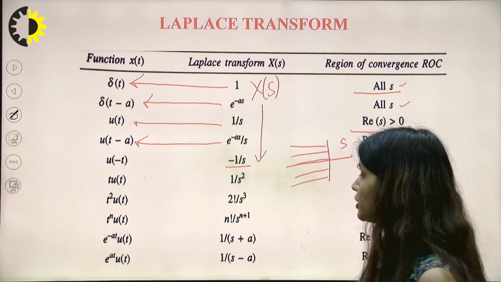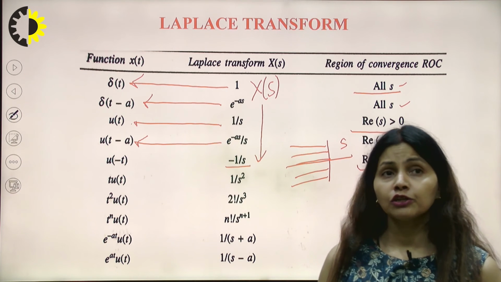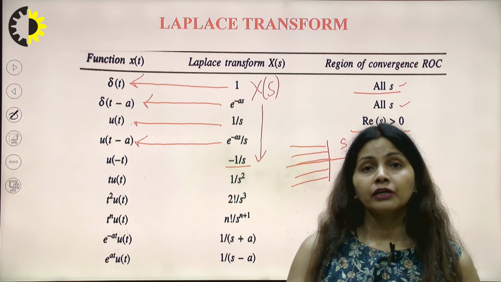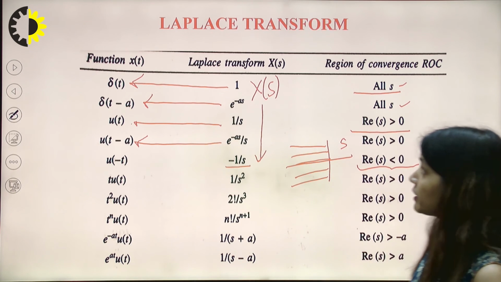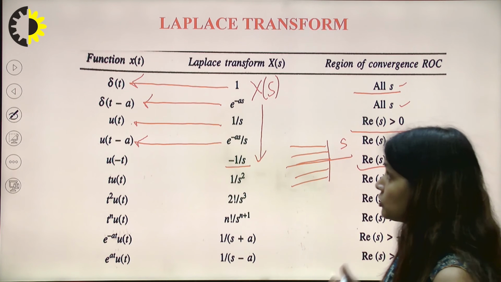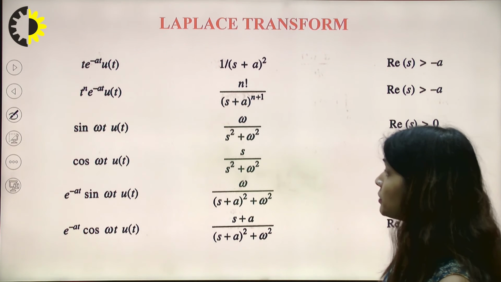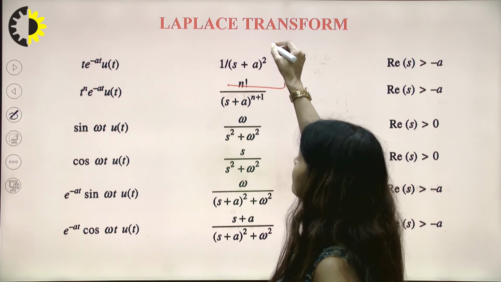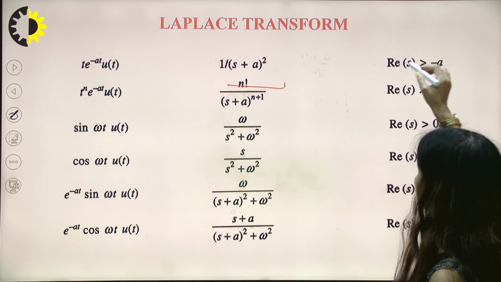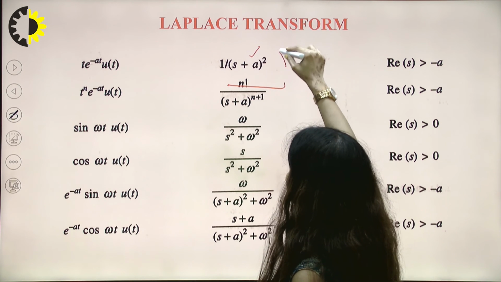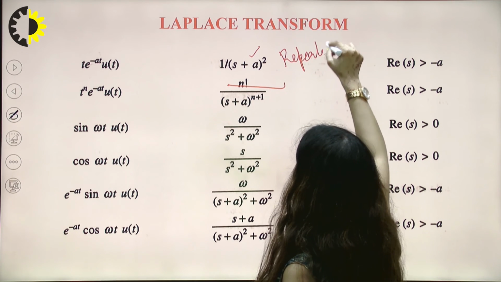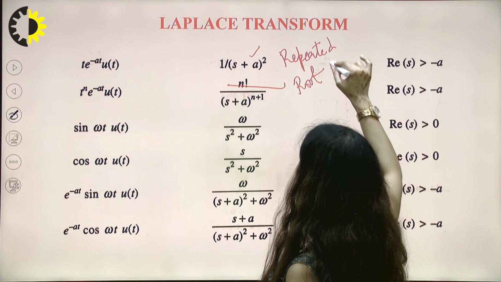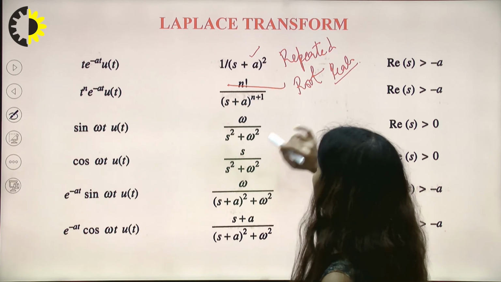All these formulas are very useful for calculation of the inverse Laplace transform. So at this particular point we need to learn all these Laplace transform formulae for the better calculation of the function x(t). In the similar way, t e raised to the power minus at u(t), if let's say X(s) is given in this form as we have done already, this is a case of repeated root, as well as it is real.